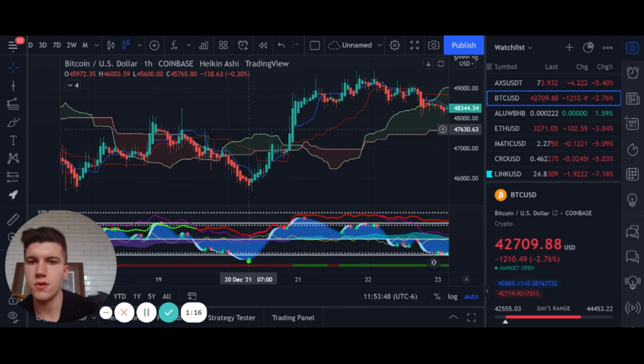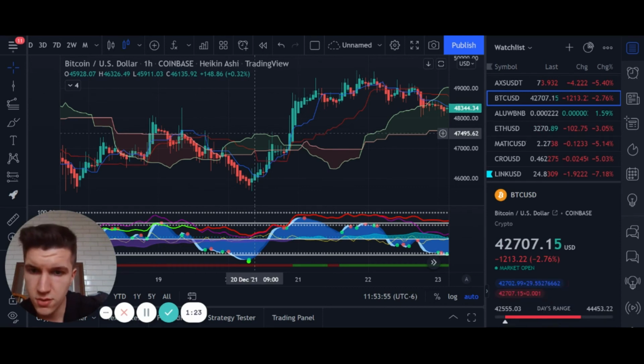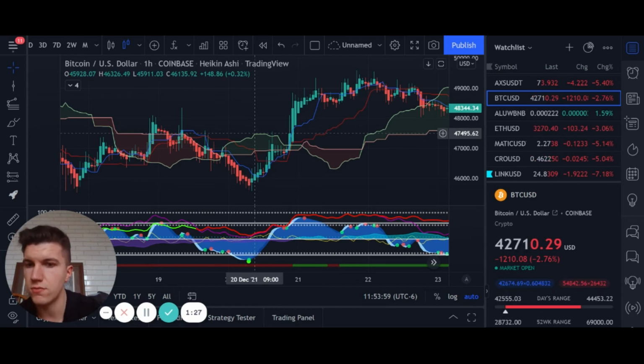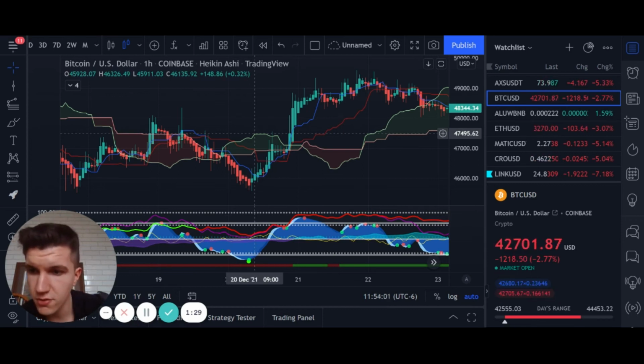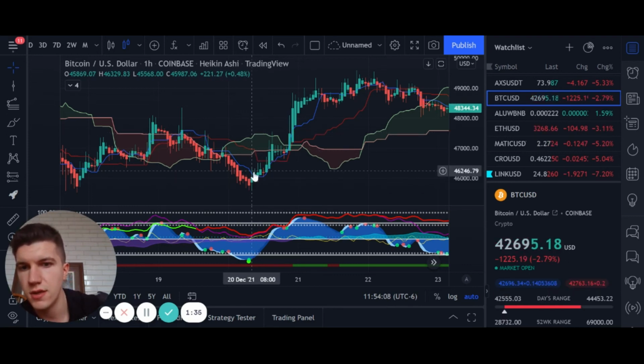Something to look out for is that you can sometimes enter not specifically when the green dot is printing. You can also wait for the green dot to print and then enter your trade.